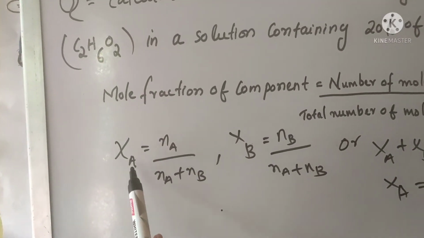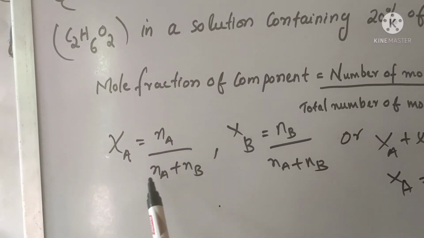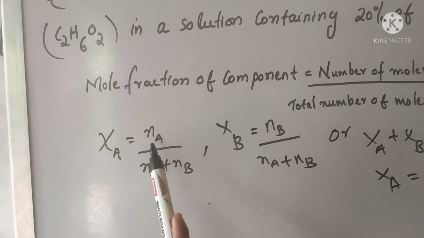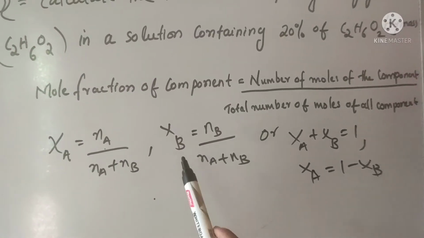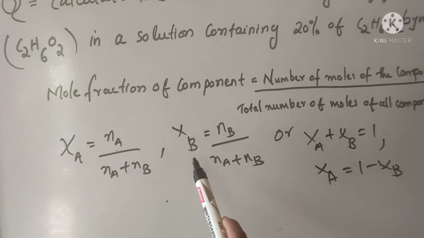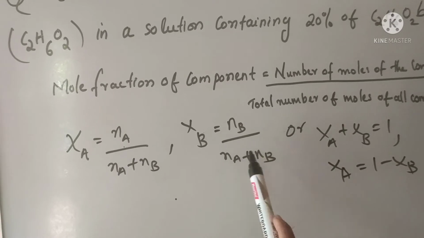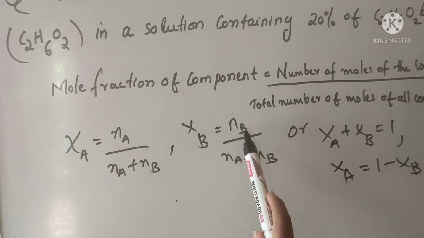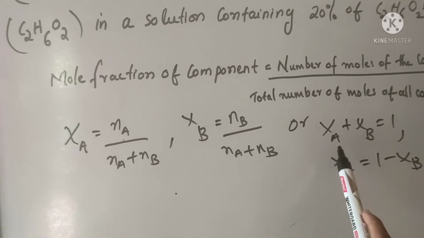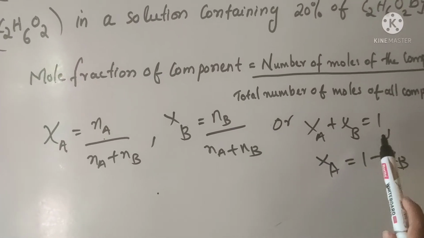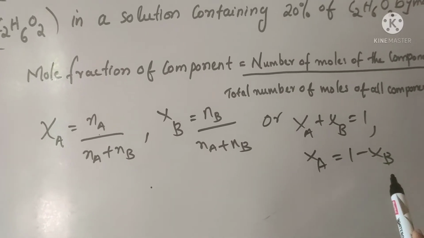XA, that is the mole fraction of component A, equals nA divided by nA plus nB. nA is the number of moles of component A. Then XB is the mole fraction of component B. It is given by nB divided by nA plus nB, where nB is the number of moles of component B. And XA plus XB equals 1, or we can write it as XA equals 1 minus XB.